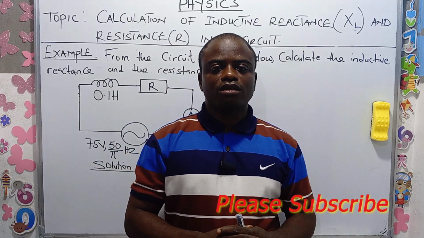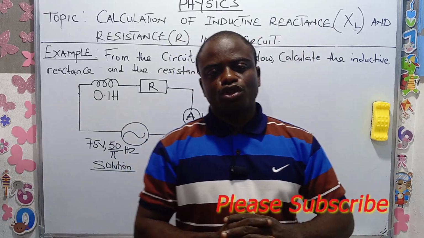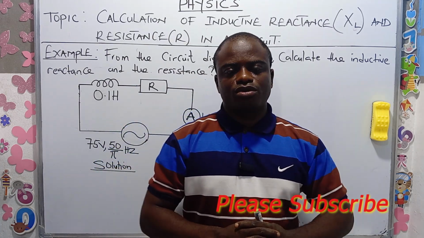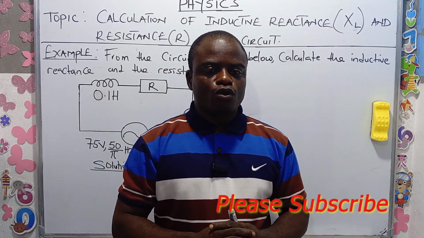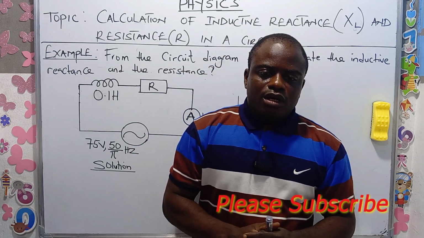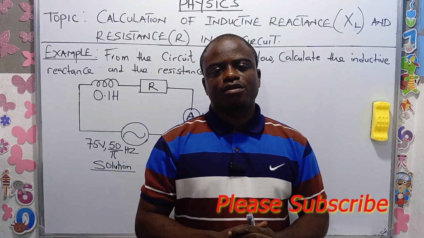Impedance. Impedance is the total opposition offered by the alternating current circuits to the flow of electric currents. And we use capital letter Z to represent impedance.